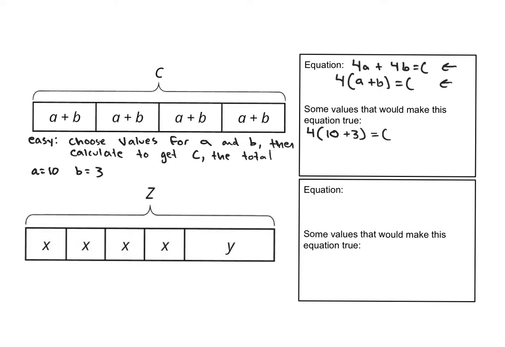So I could say 4 sets of 10 plus 3 is equal to 4 sets of 13, which is also going to equal C, which would equal 52, which means that our C is equal to 52. So I could say back on over here, if A equals 10 and B equals 3, then C equals 52.